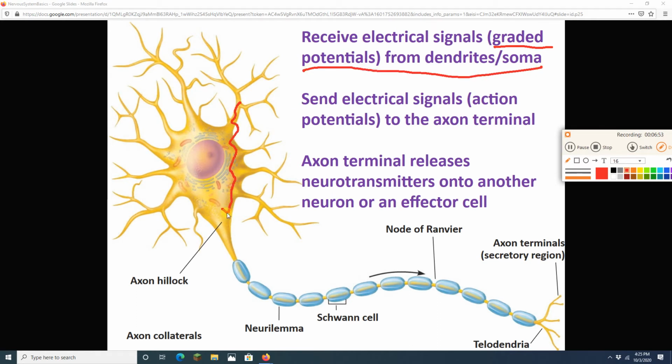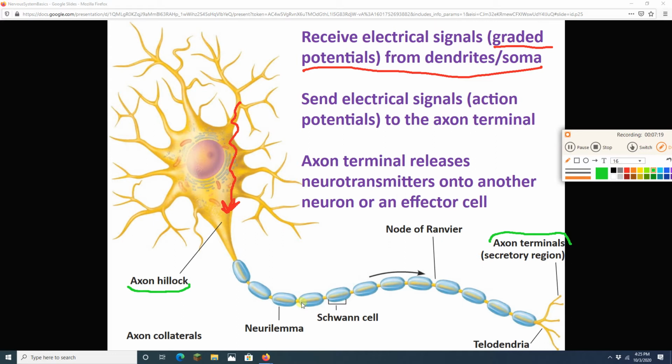So graded potentials come this way, and they arrive at the beginning of the axon. The beginning of the axon is called the axon hillock, and it's this conical section right here. And then the axon goes from the axon hillock all the way to its ends. The ends are appropriately called axon terminals.